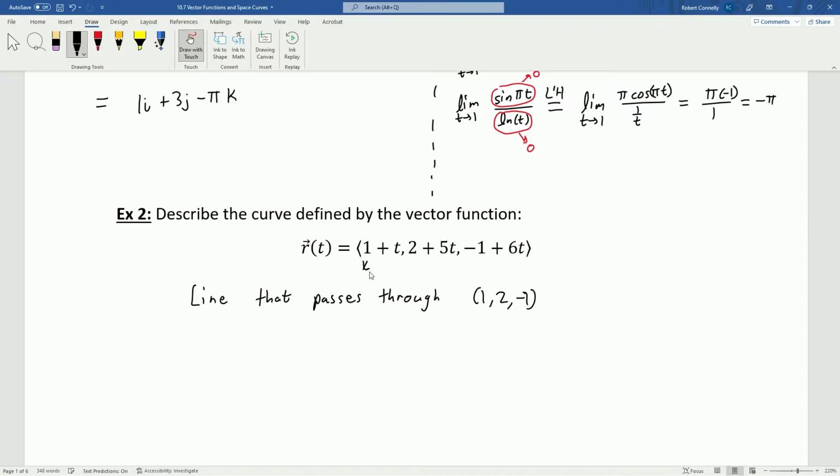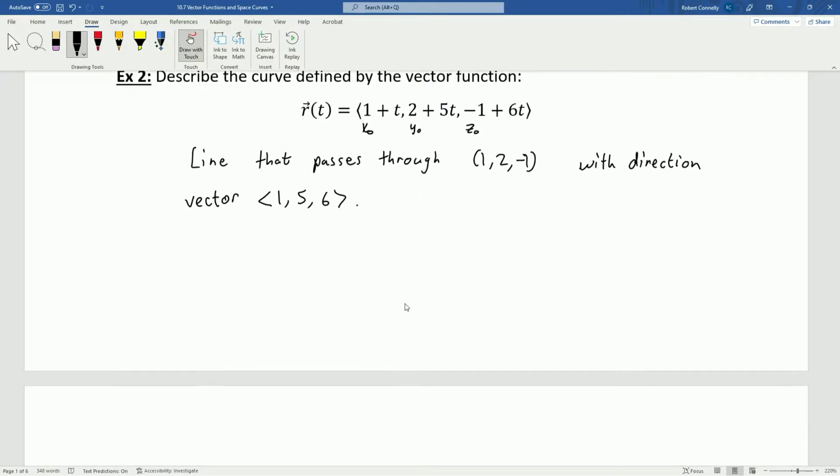So here we've got x naught, y naught, z naught, with direction vector 1, 5, 6. All right, so that's a pretty thorough description of the curve.